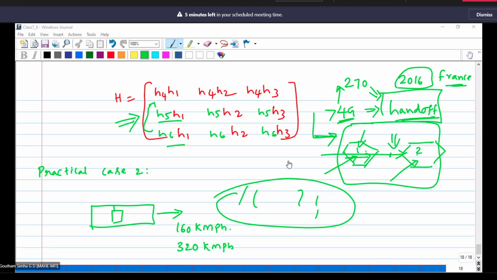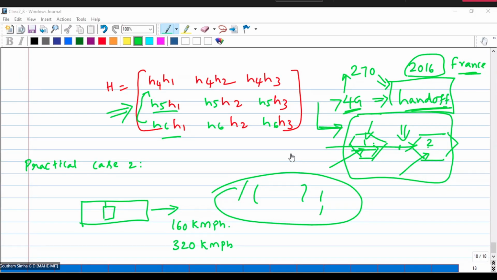Even in 4G systems, in a dense correlated environment, this Alamouti scheme is still used. Till 4G, the Alamouti scheme has been used. From 1998 till 2019, 2020, it is still used.